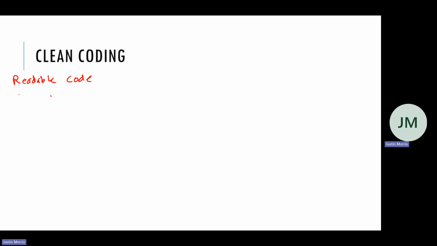So readable code. So we want detailed comments. Yeah. Anything else for readable code? So let's say consistent spacing / style.